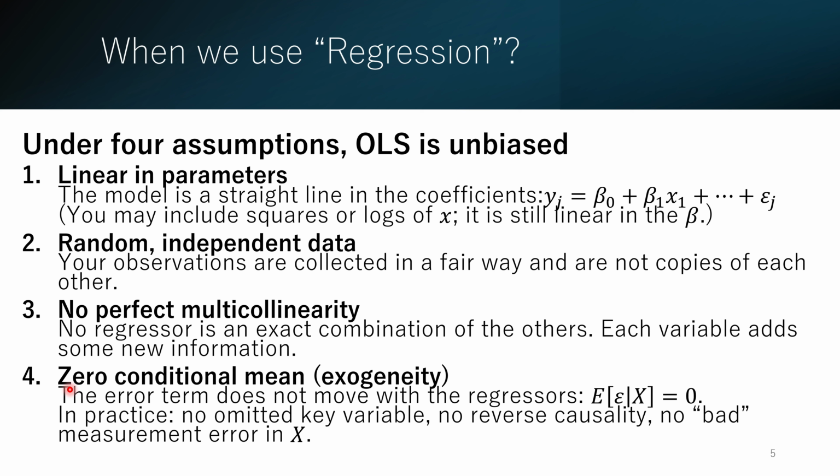And the final point is the zero conditional mean. It is called exogeneity. The error does not move with the regressors. It can be written like this: E of epsilon given x equals 0. The expected value of the error term given x equals 0. The mean of u conditional on x is 0.